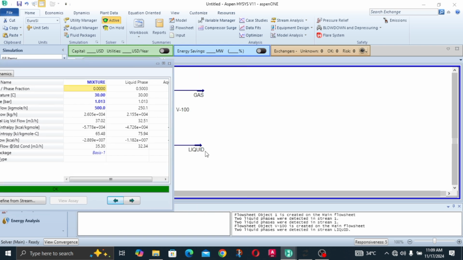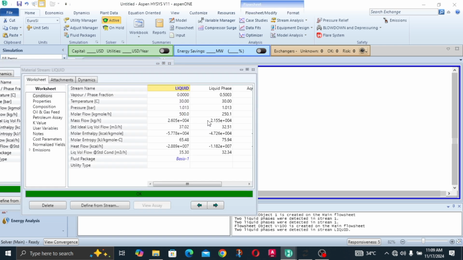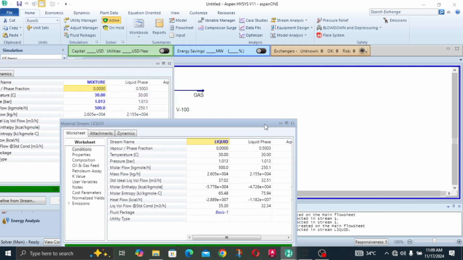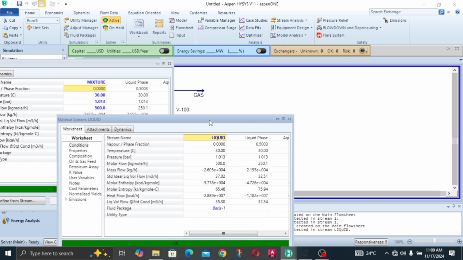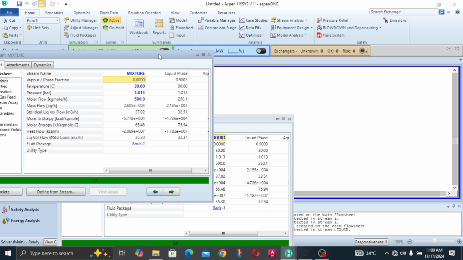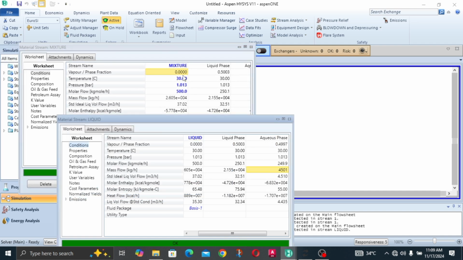So I just shift this a bit. Good. And for the liquid, we can compare. Everything is the same with the inlet, the mixture inlet. The liquid outlet is the same, every single thing. And then we just take a look at the flow rates.